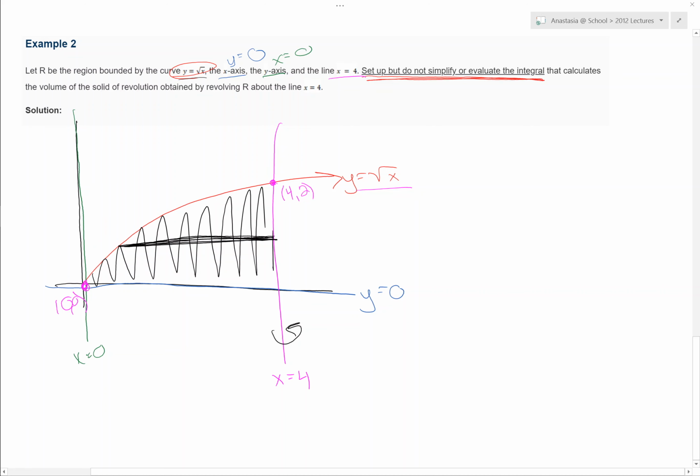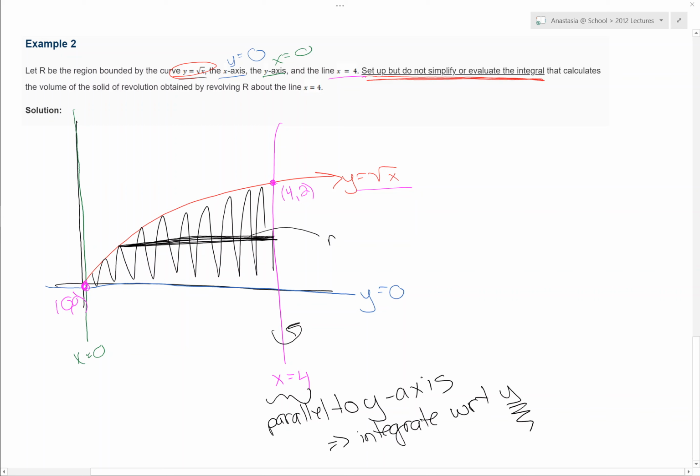So this is going to be our radius. Now, our axis of revolution is parallel to the y-axis. So this means that we need to integrate with respect to y, okay?